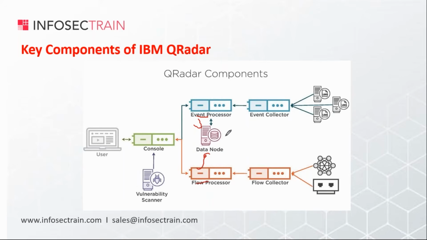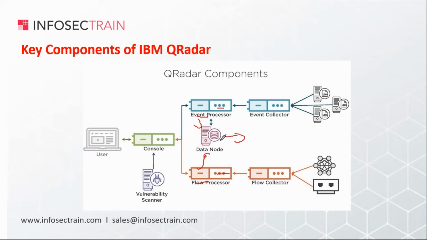So why do we use this particular data node? Because if your processor is storing the data, of course, at a certain point of time it will be taking up a lot of space within your processor, and that can hamper your processor's working or performance, right?